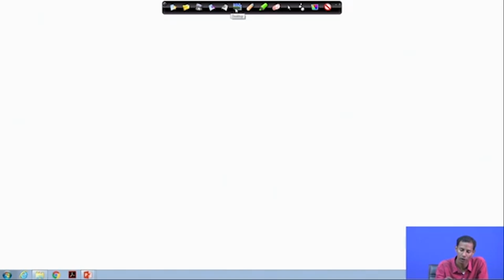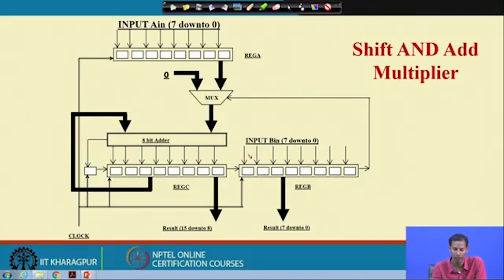So, if I go back to this particular case, you see what is happening. This is the input B in. B in is loaded over here, and A in is loaded over here. As in the previous example, let us consider the first bit is 0.